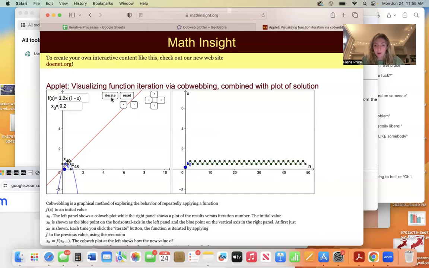So now we're at 49. And these values, I don't know if we can zoom in, but these are our resulting values. As you can see, it's a 2 cycle.